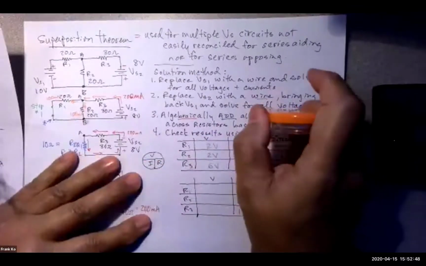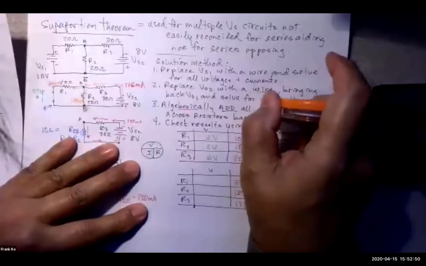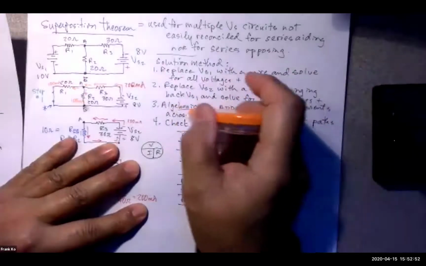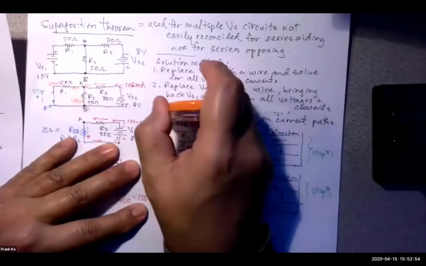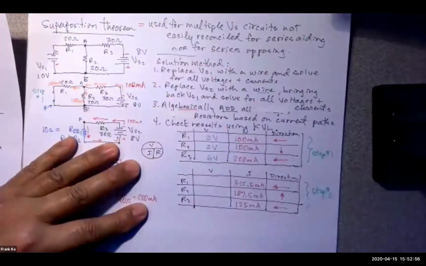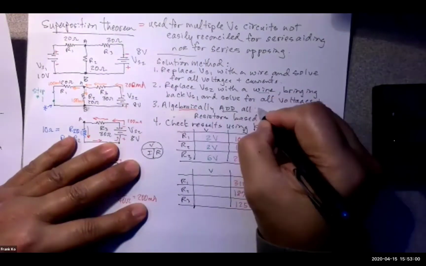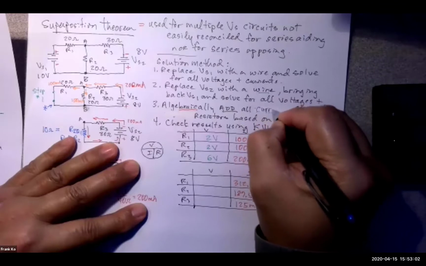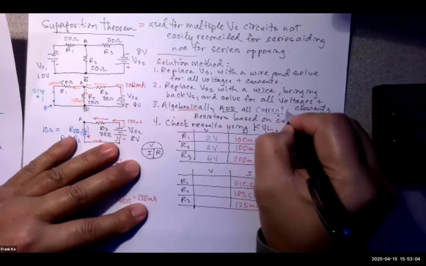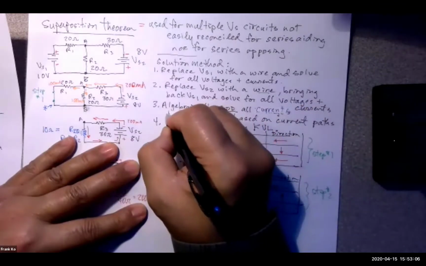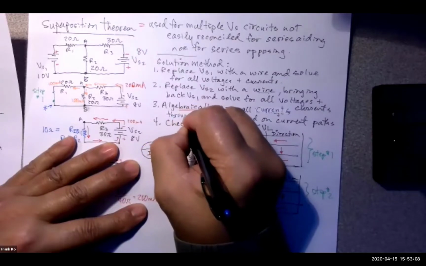I'm going to blank this out, and change it to these words: add all currents, and instead of across, I'll make this through.